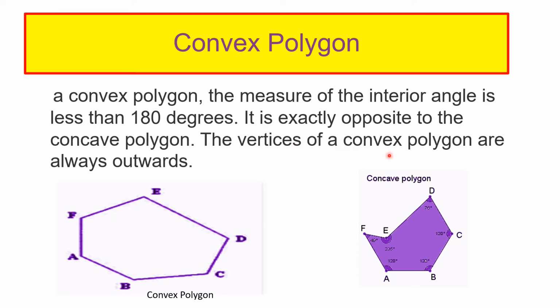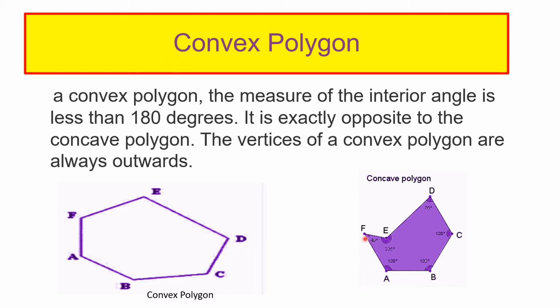The vertices of a convex polygon are always outward. Look at this particular polygon. If we try to extend the side of this polygon, this segment, or this line will not pass through the interior of the given polygon.